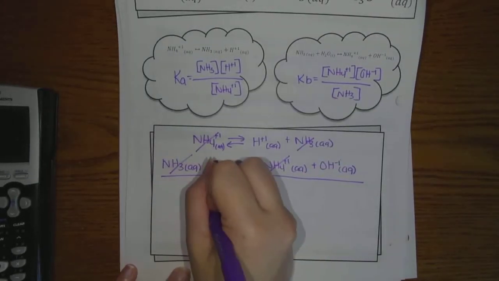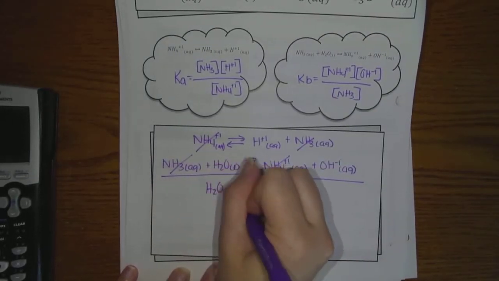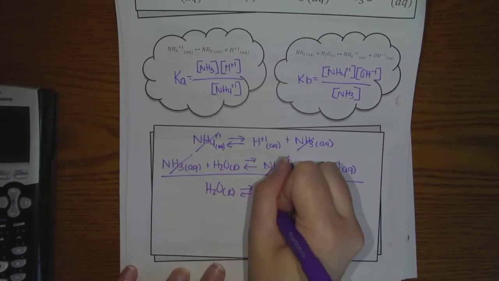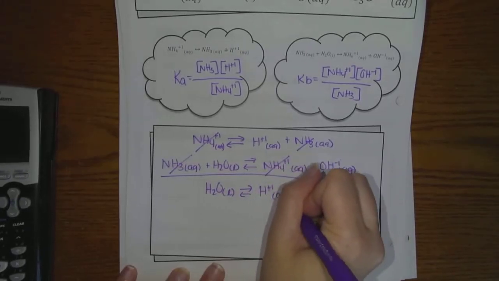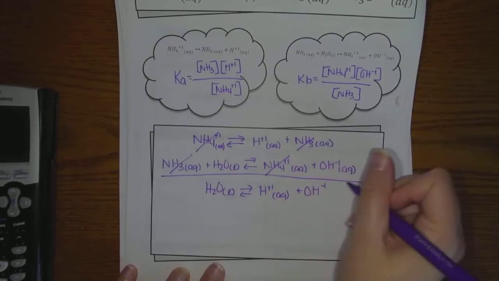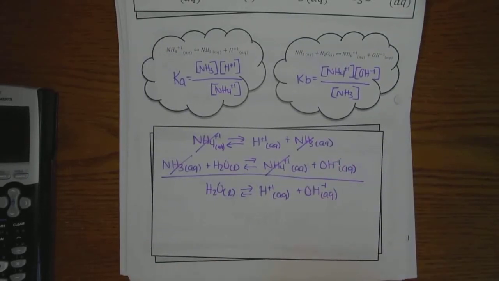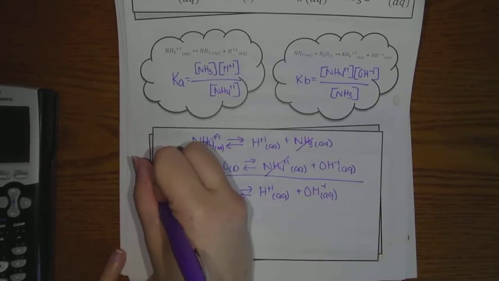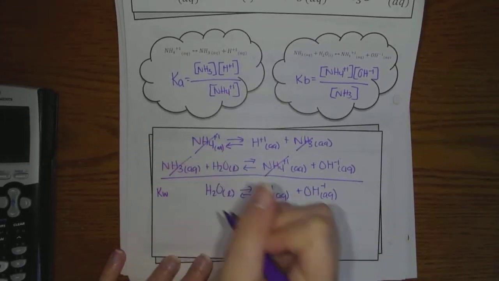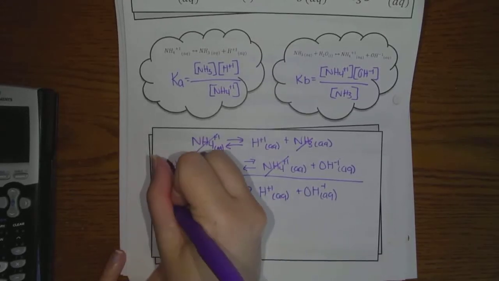Therefore, I'm going to be left with H2O going to form H plus and OH minus. This is going to have what we call Kw, because it's the Kw of water.